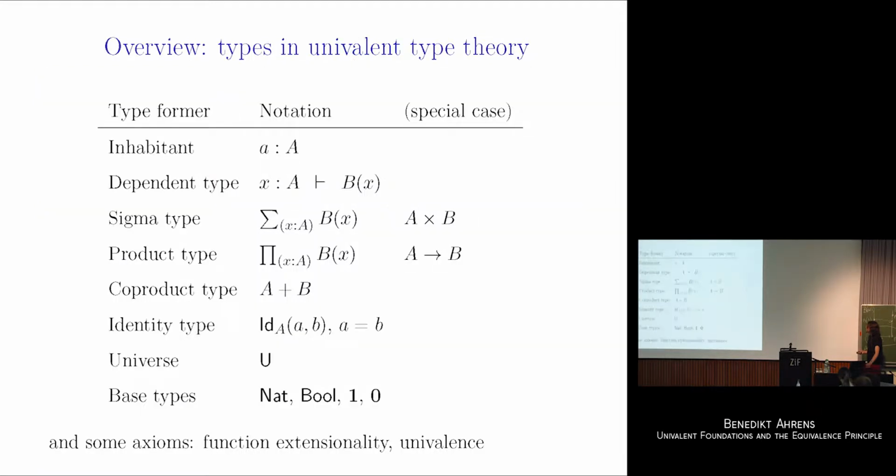It is part of this list that I had here. It's the identity type defined. There are several ways of defining this identity type. The traditional, the Martin-Löf way, is to define this type as an inductive type with one constructor, the constructor reflexivity.